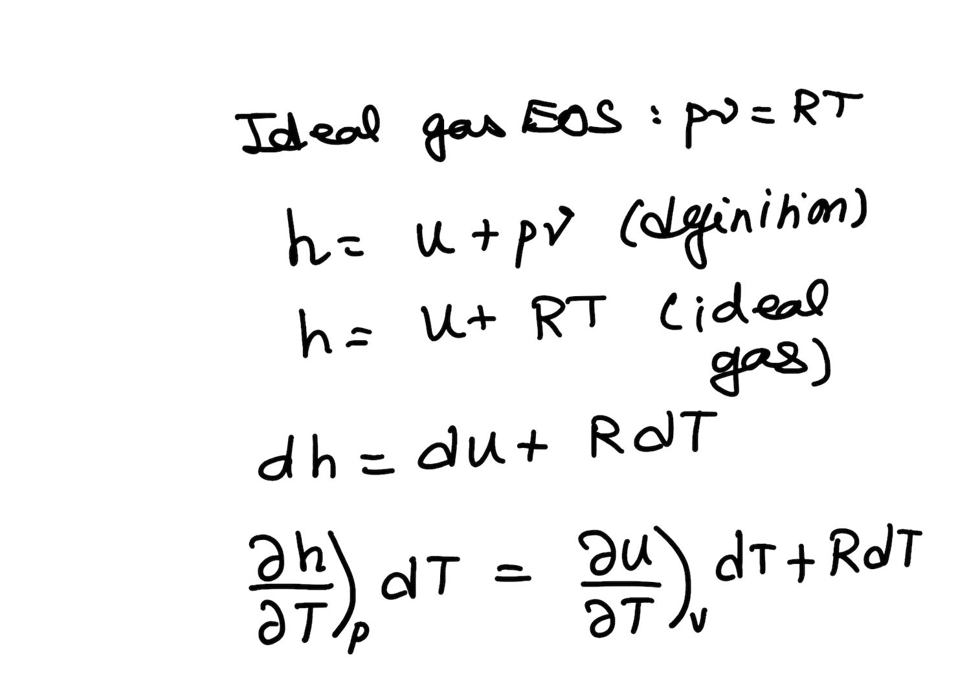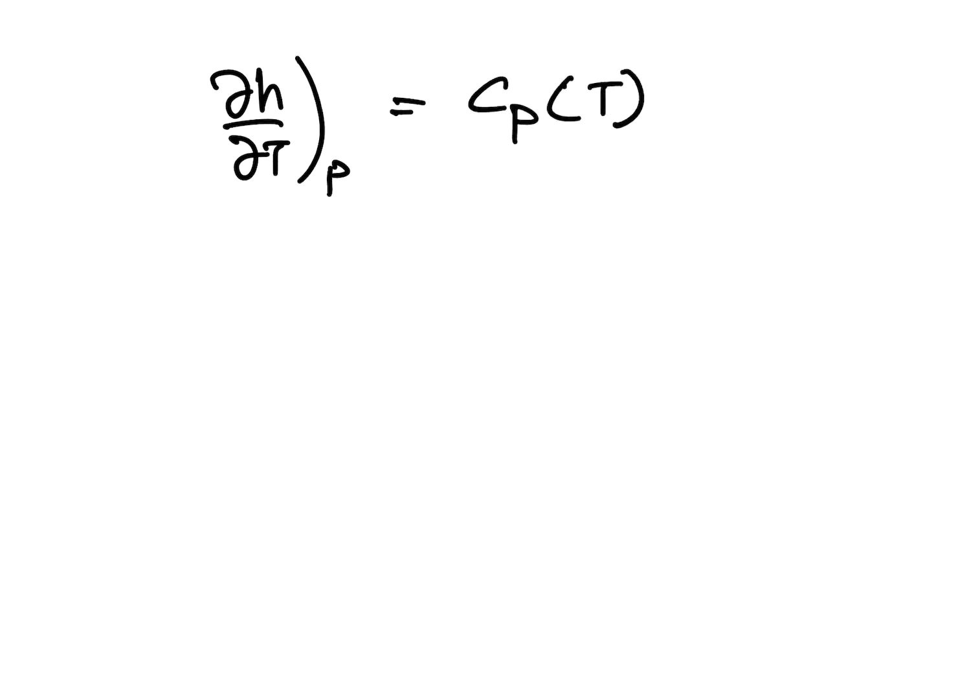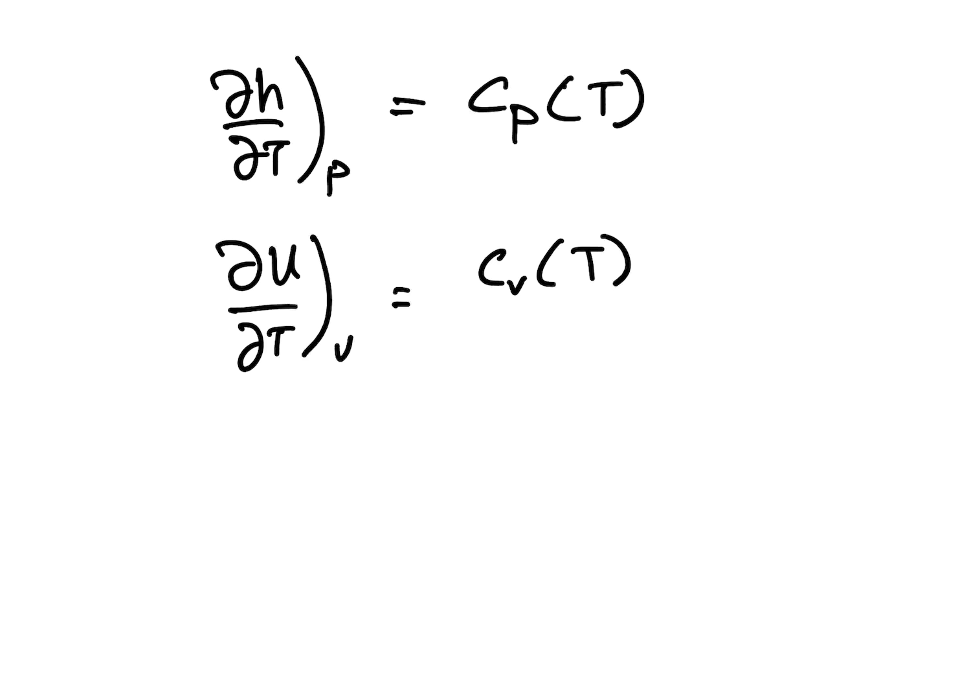So I have a relation between dH over dT, dU over dT, and R. What is dH over dT at constant pressure? We recognize that as the specific heat at constant pressure, Cp, which of course depends on temperature, and dU over dT at constant volume is Cv as a function of temperature.